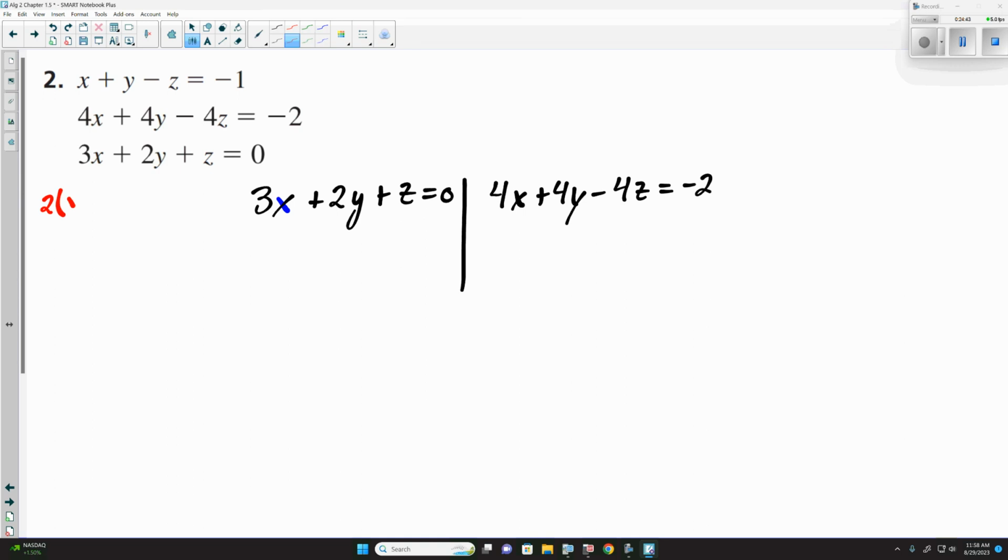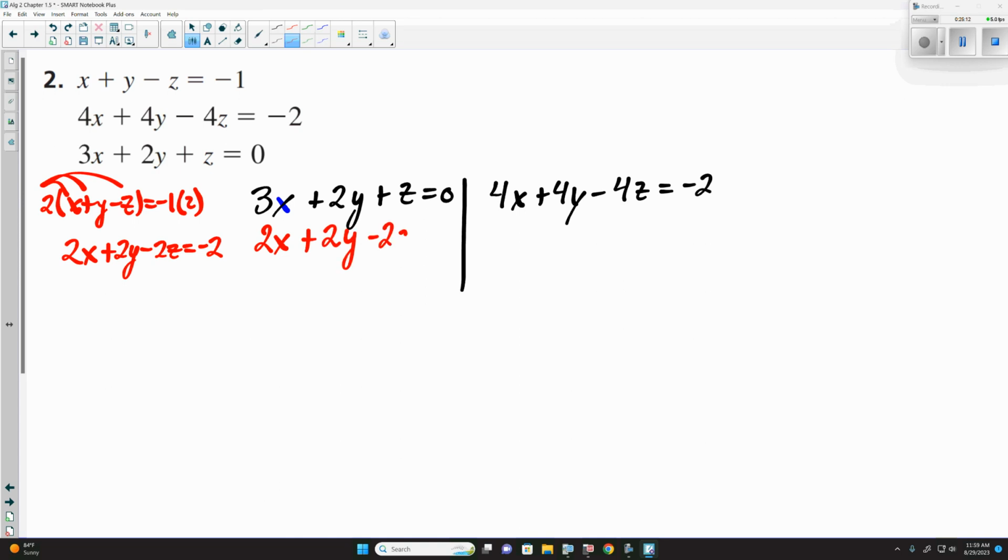So we do 2 times x plus y minus z is equal to negative 1 times 2. We distribute the 2. 2 times x is 2x, 2 times y is plus 2y, and 2 times negative z is negative 2z. On the other side, negative 1 times 2 is negative 2. So we have 2x plus 2y minus 2z is equal to negative 2.